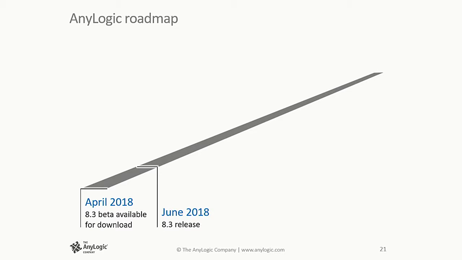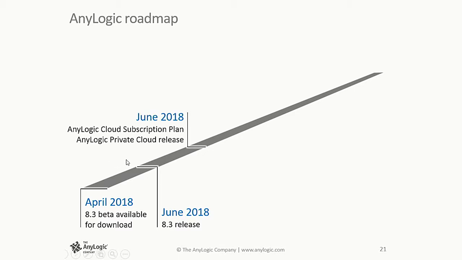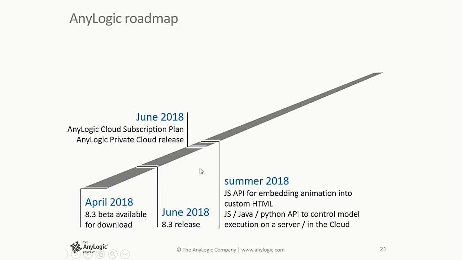Release is planned for late May, maybe early June. Also in June, we will be releasing the private cloud product and starting the AnyLogic Public Cloud Subscription Plan. And shortly around that time, maybe slightly after, we'll be releasing those APIs for various customization I talked about earlier.